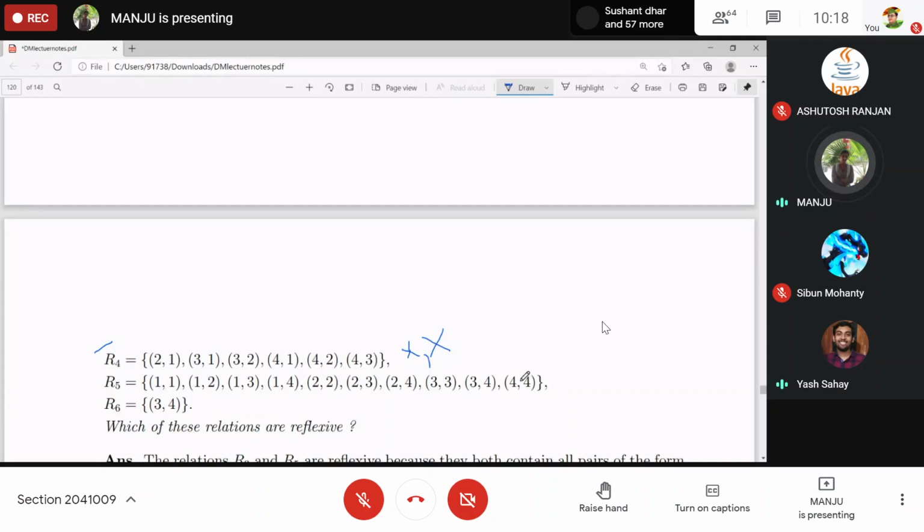Give me the counter example if it is not transitive. Ma'am, transitive. So 2 1, 1 is not there. 3 1, 1 is not there. Then 3 2, 2 1, 3 1 is present. Then 4 1.